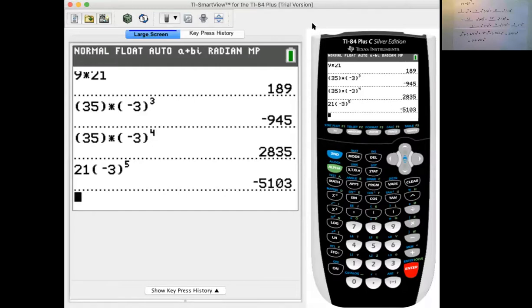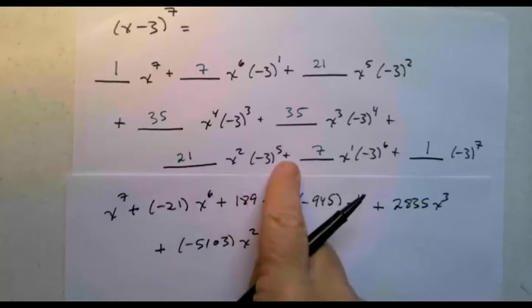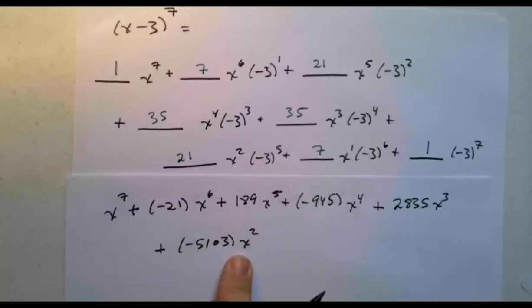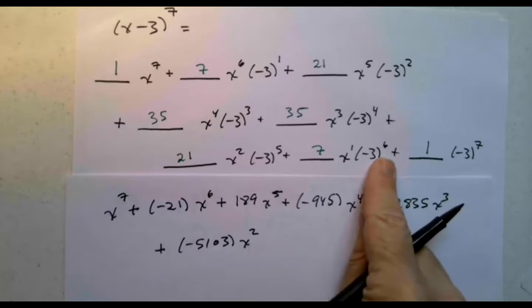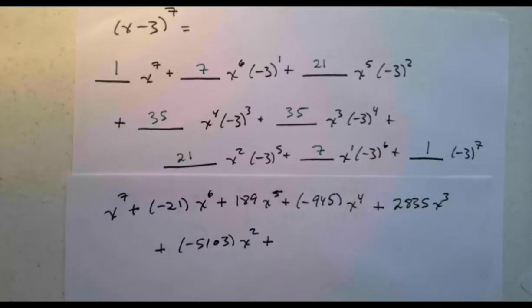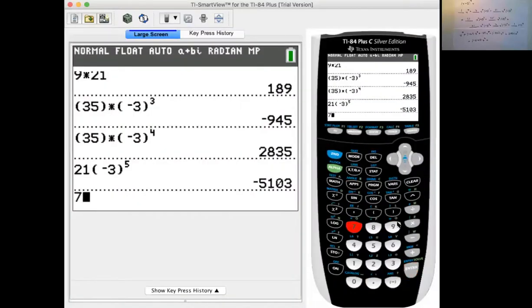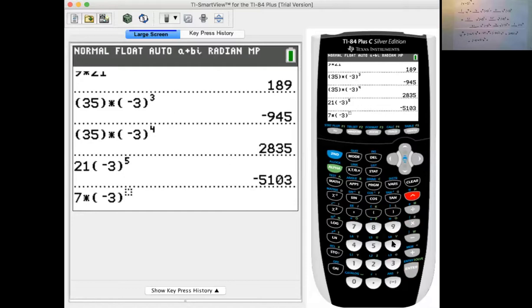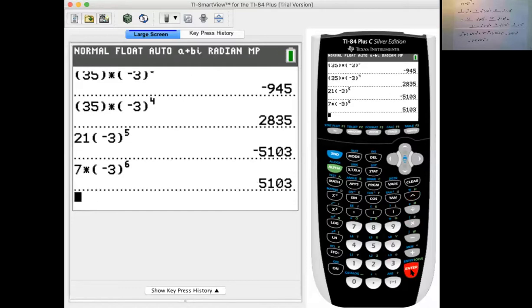So we can see that again. 21 times -3 to the 5th x squared, -5103 x squared. -3 to the 6th times 7. Seven times -3 to the 6th gives us 5103 again.